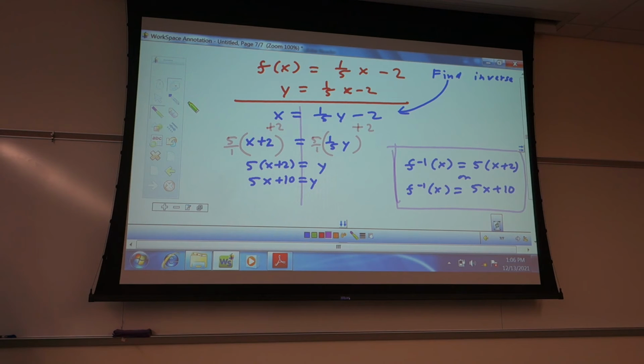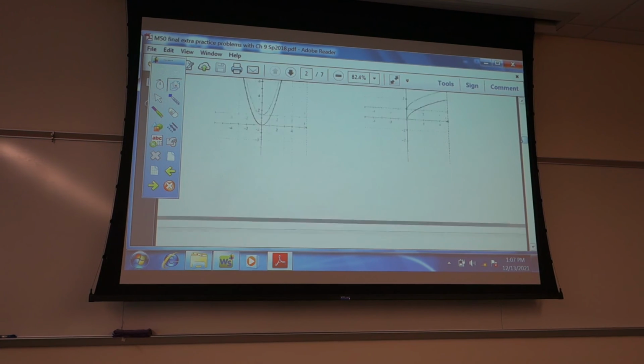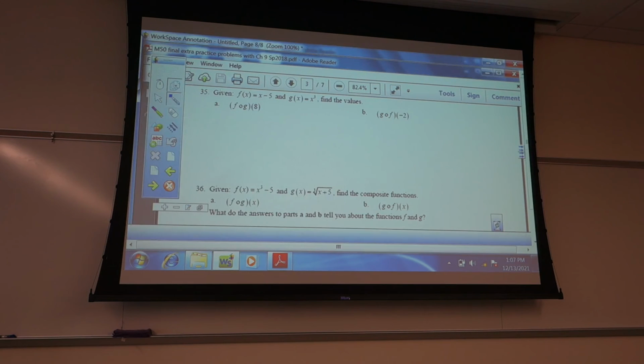So let's do 35A, and then we'll do 36B. Like I said, I took someone else's, they gave a bunch of problems, and I just took the ones that applied more to my class, since everyone teaches them slightly differently.